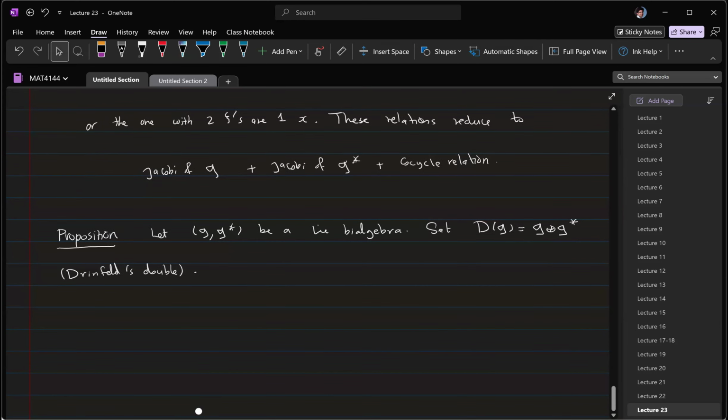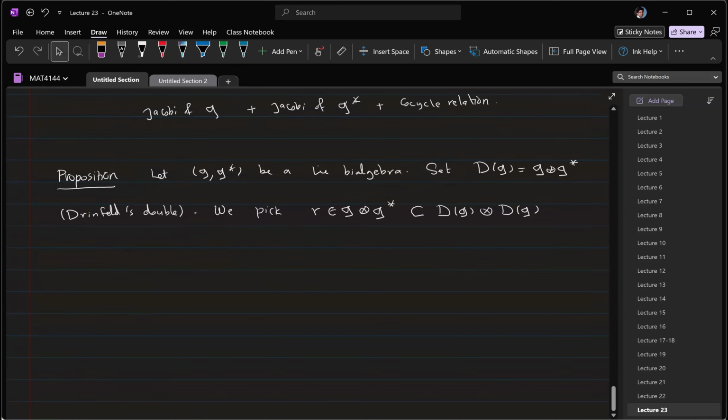And now we pick R in G tensor G star, which I can think of as a subspace of DG tensor DG. Why can I do that? Well, I explain this below.